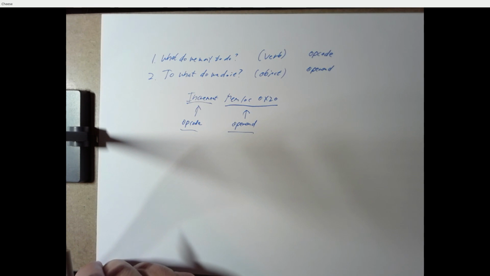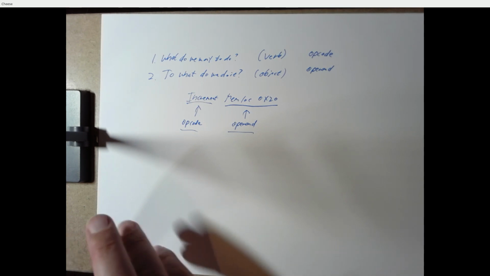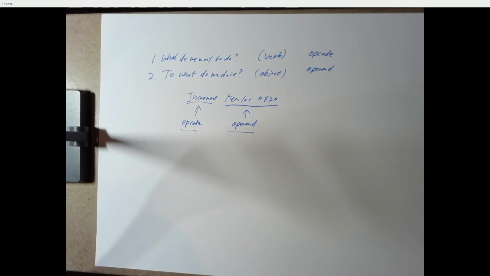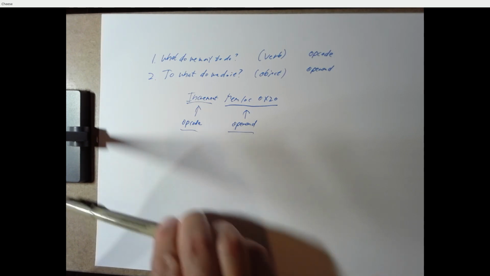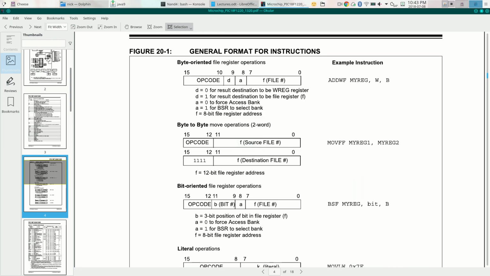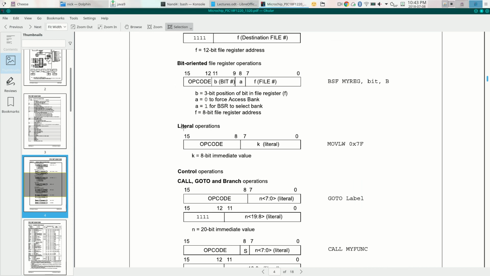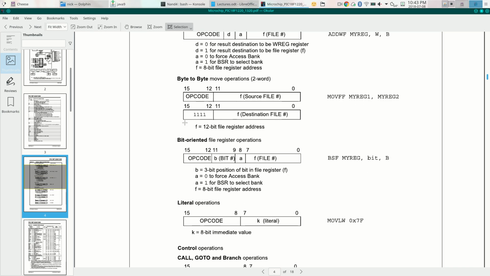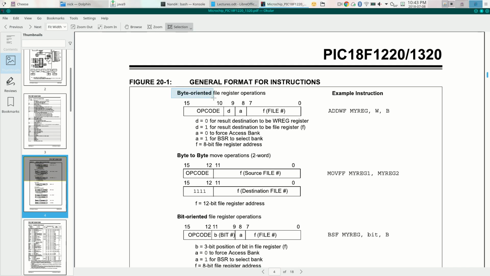Alright, so if we think in terms of opcode and operand, specifying an assembly language instruction becomes much simpler. Now, if you look in the datasheet summary from Canvas, and you find table 20-1, you'll see a description of the different types of instructions that are available: byte-oriented, bit-oriented, literal, control. We're going to talk about the byte-oriented instructions. And byte-oriented instructions look like this.